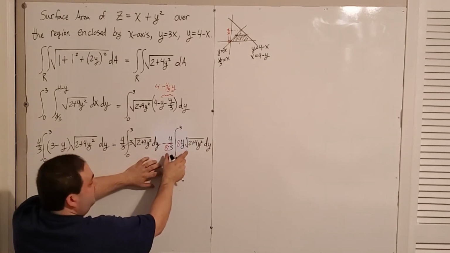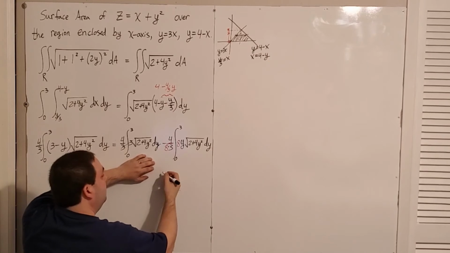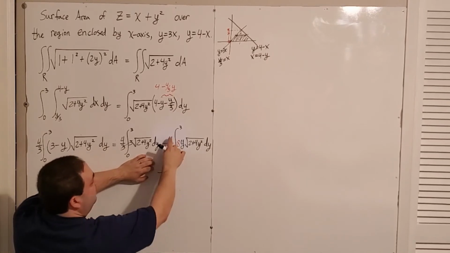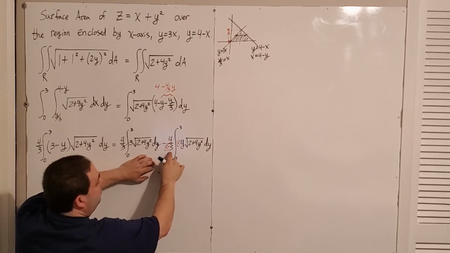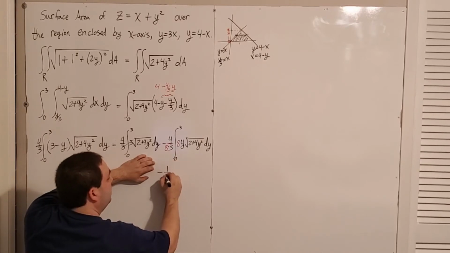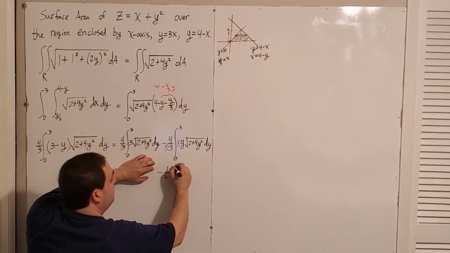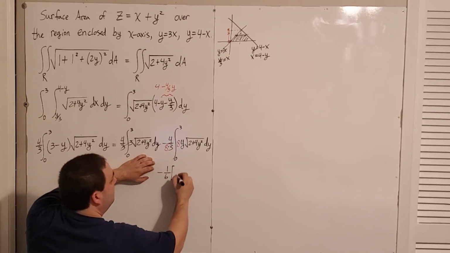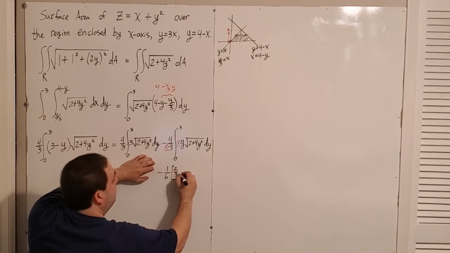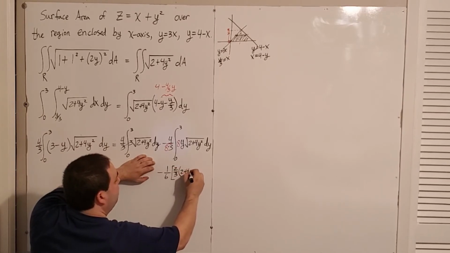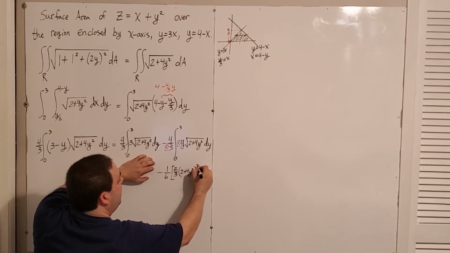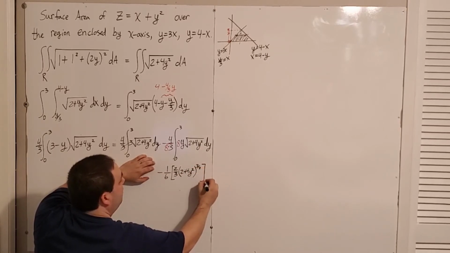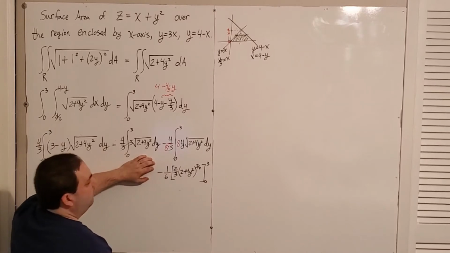Okay, so just this piece right here, I'm going to have minus 4 over 24, which basically is just 1 over 6. And this is going to be 2/3 times 2 plus 4y squared to the 3/2, evaluated from 0 to 3. Now let's go over that real quick.